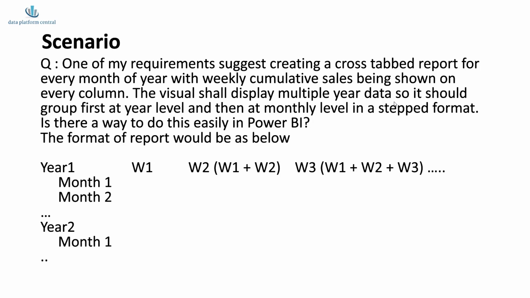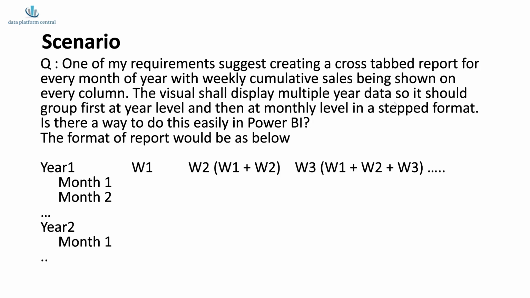So here, because the unit of aggregation is week, what we would need is to first create an identifier which will help us identify each week of a month. So the question is how we can do that. We will create a DAX column, a calculated column inside our calendar table, so as to identify the week number of each week within a month.